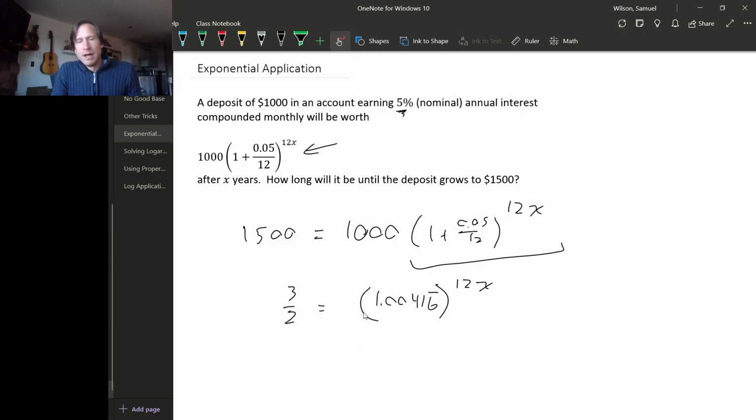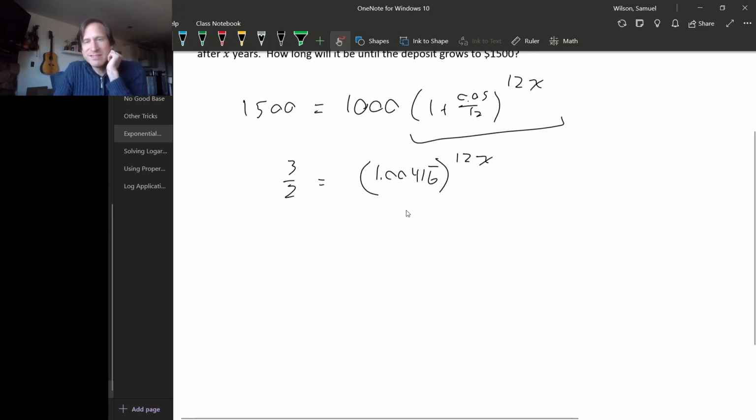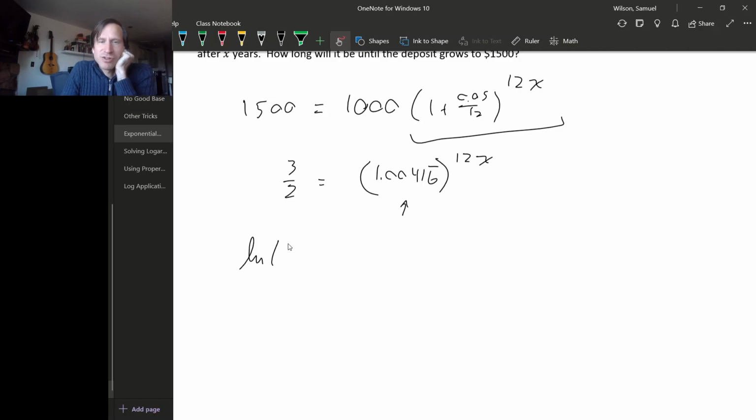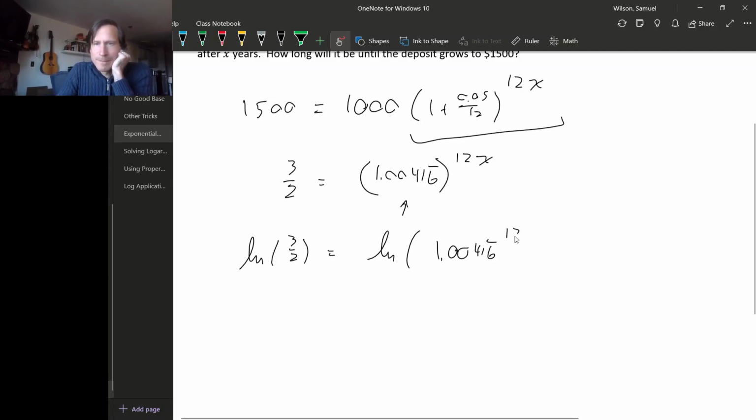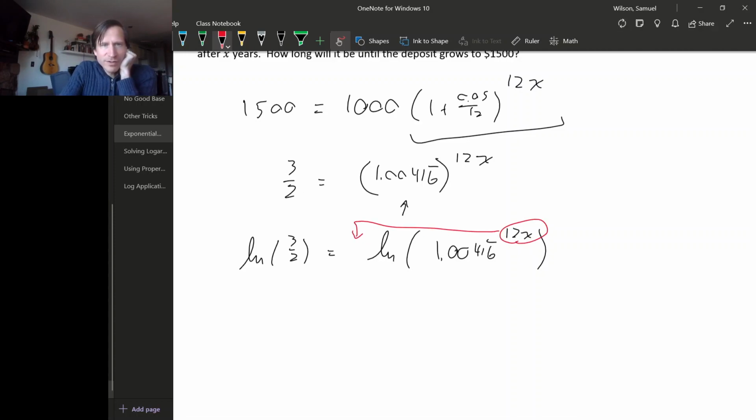Okay, so this base is so messy that let's just take natural logs on both sides. So natural log of 3/2 equals natural log of 1.00416 repeating to the 12x. Okay, now on the right hand side, let's take this exponent, the 12x, and move it down in front.